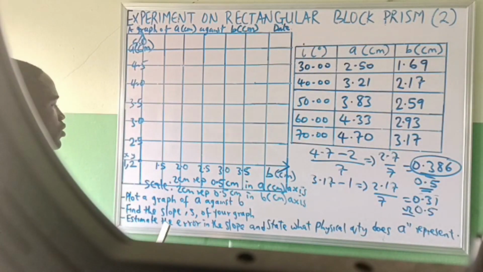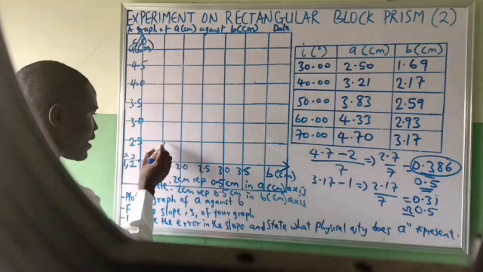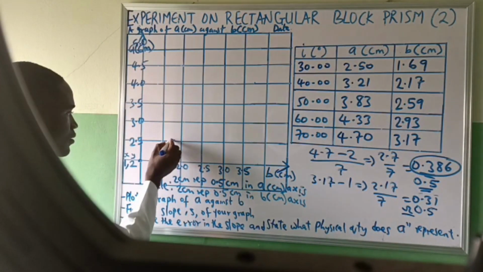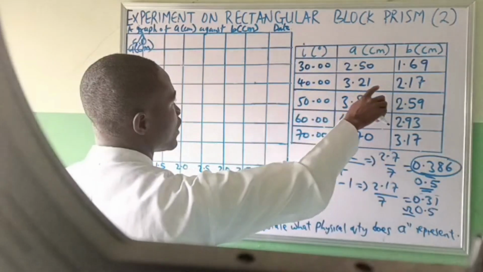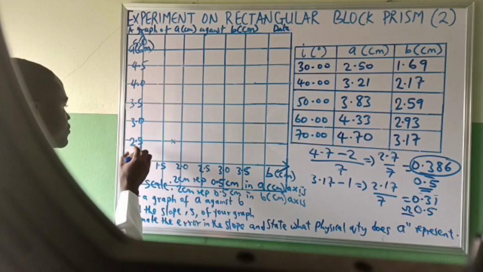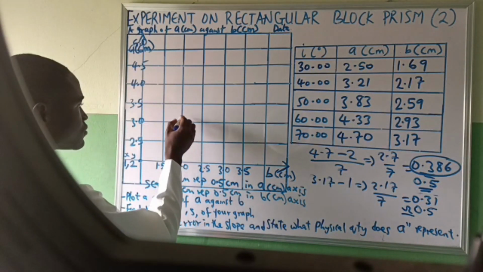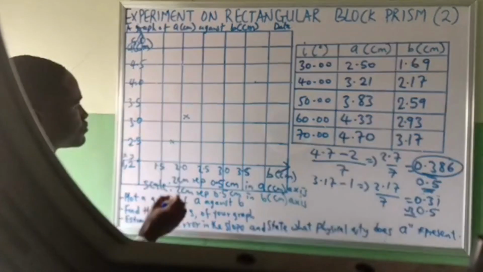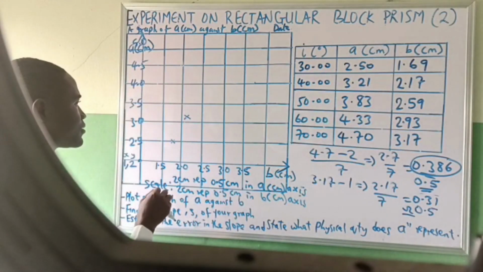Now what you now do is 2.5 against 1.69. 1.69 can fall around here. Then 3.2 against 2.17. This is around here. 3.83 against 2.59.